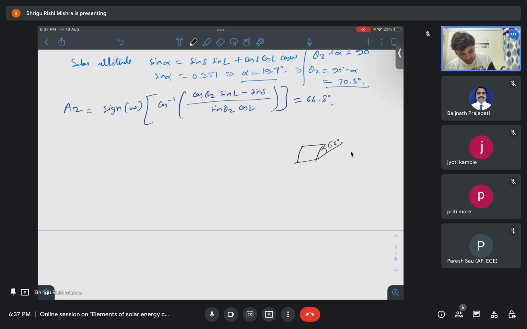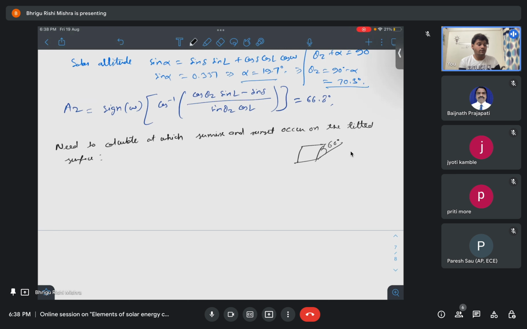So we need to calculate at which time sunrise and sunset occur on the tilted surface.